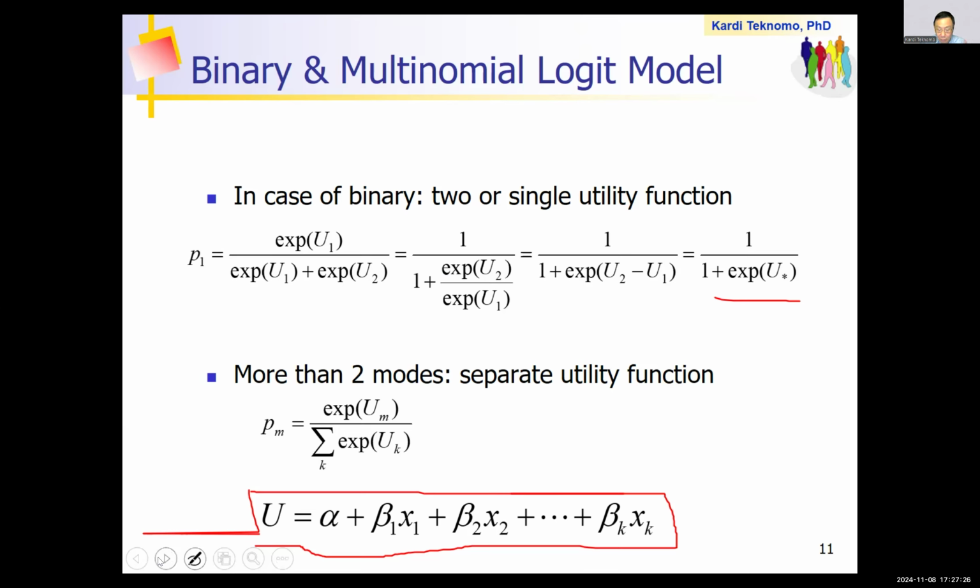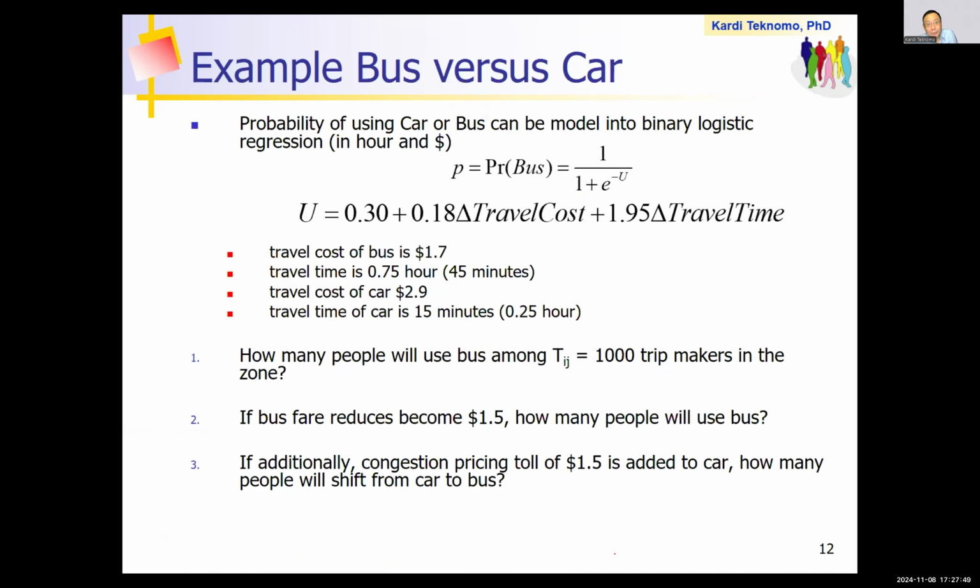So you don't need to worry about the modeling itself, as long as you understand that what we model is actually the probability of choosing that mode based on the factors. And when we calibrate, what we get is actually the values of alpha, beta 1, beta 2, and delta k.